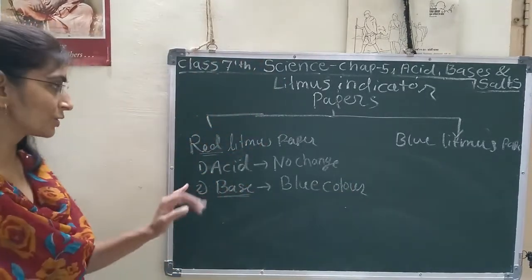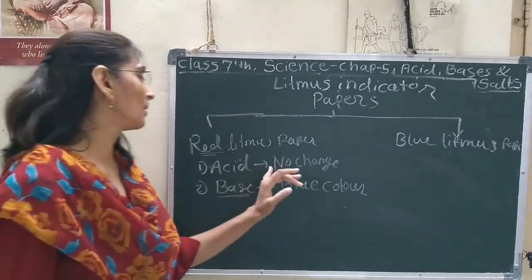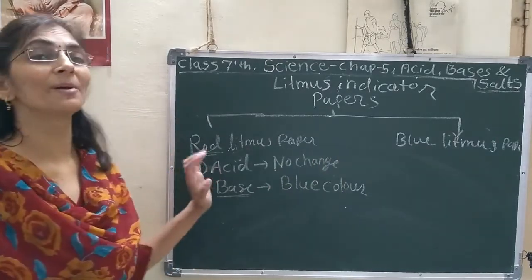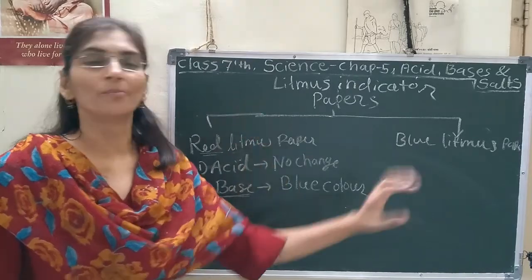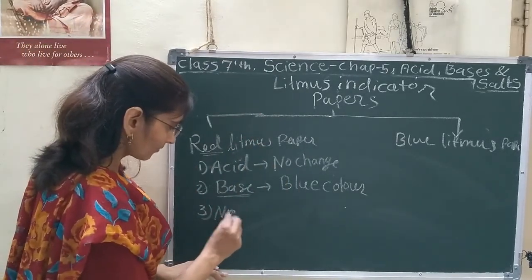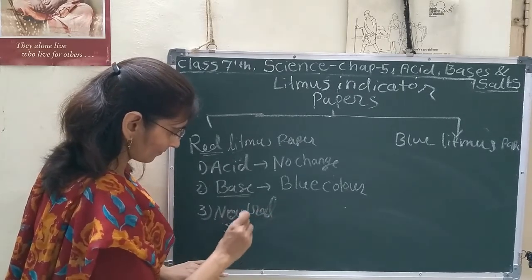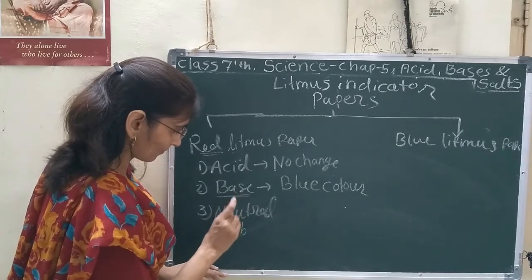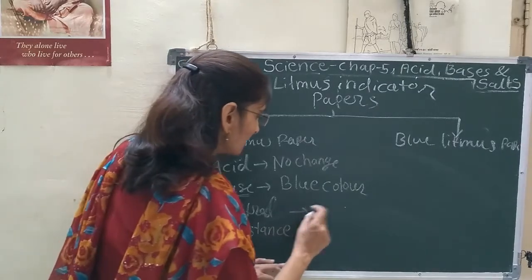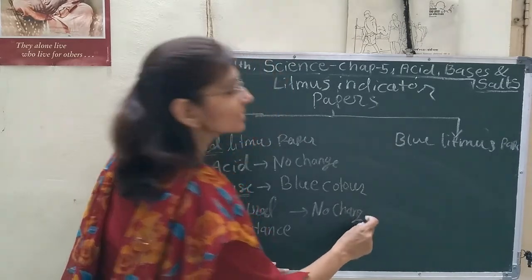Okay? Understood? With acid, the red litmus paper will give no change in color, and with base, the red litmus paper will change its color into blue. And in a neutral substance, there will be no change in color as well.